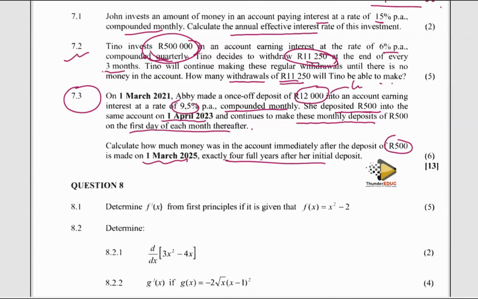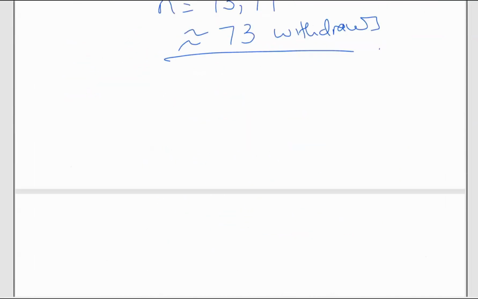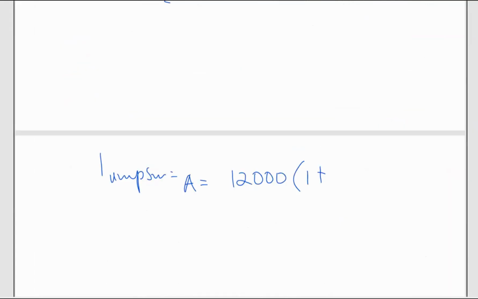So we have two scenarios. There was a lump sum, and then we have these monthly deposits. So I'll divide this into two. When I look at the lump sum, the accumulated value is going to be the 12,000 into 1 plus 9.5% over 12, to the exponent of 12 times 4.